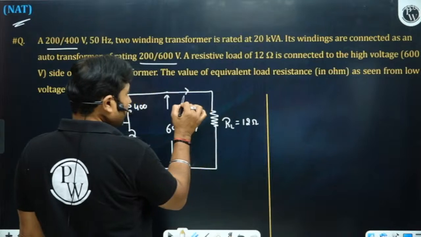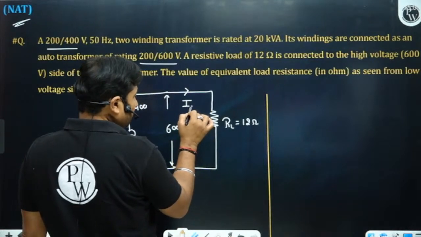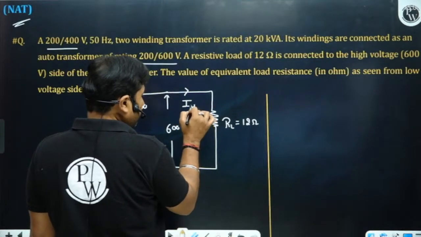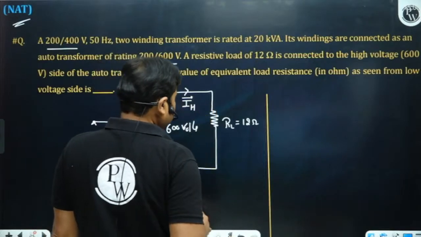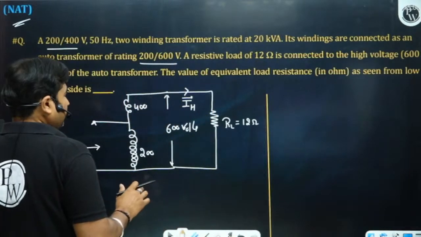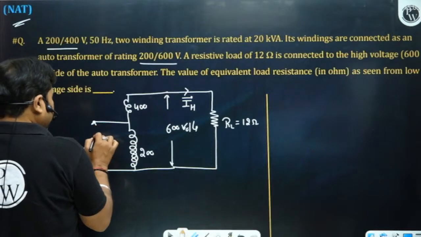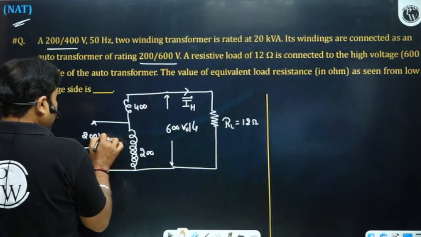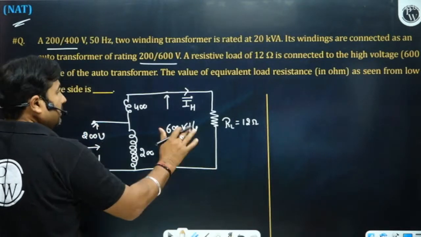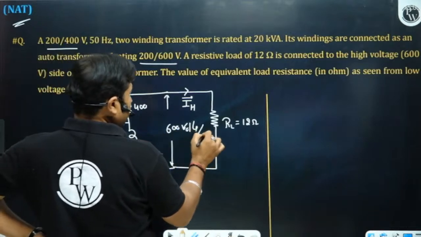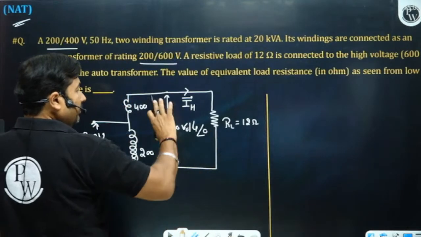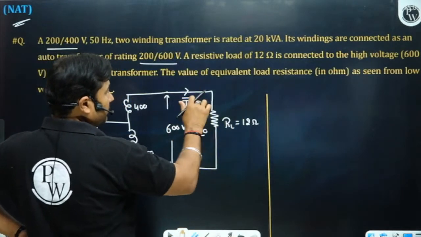Let me prove it to you. This will be, say, the HV side, so IH current. Can you calculate this IH current? So this transformer is acting as 200 volt by 600 volt. If we consider this as a reference, then 600 volt by R, we have IH.